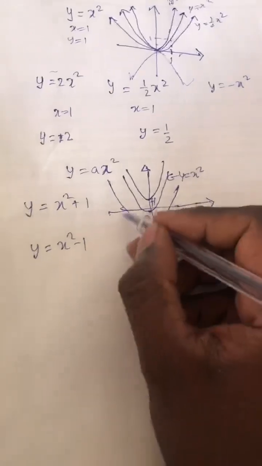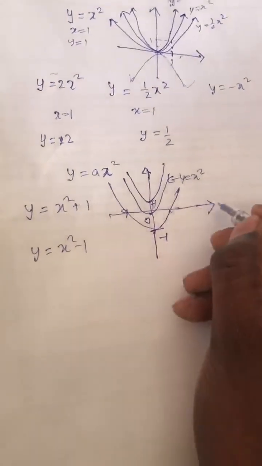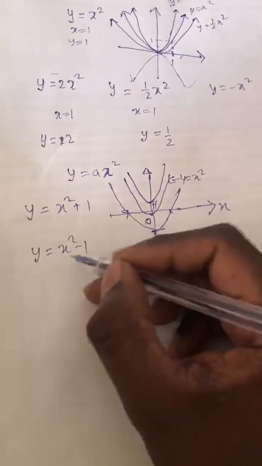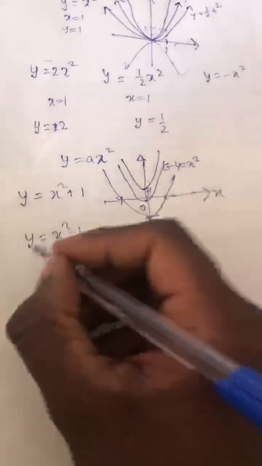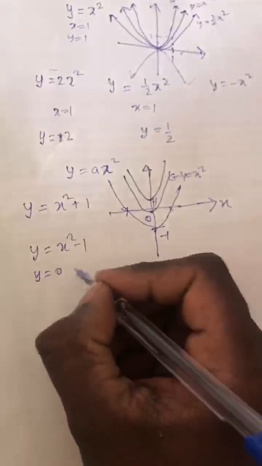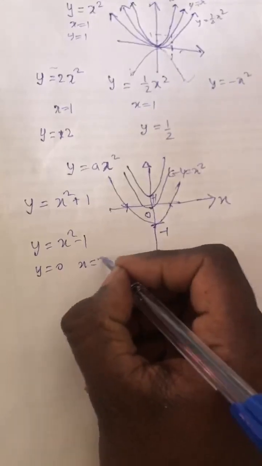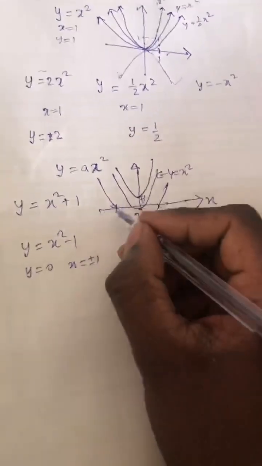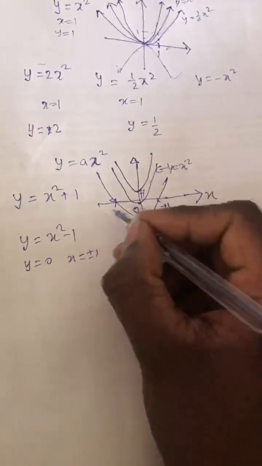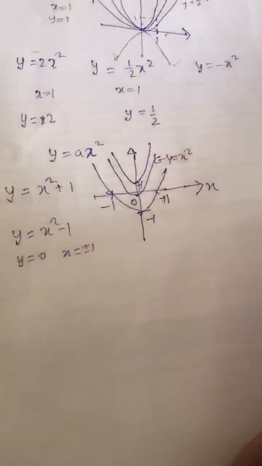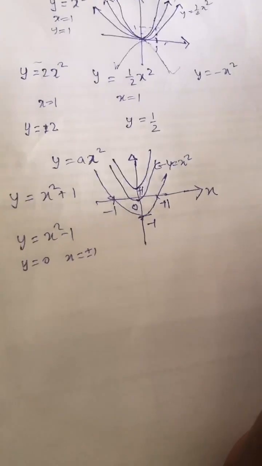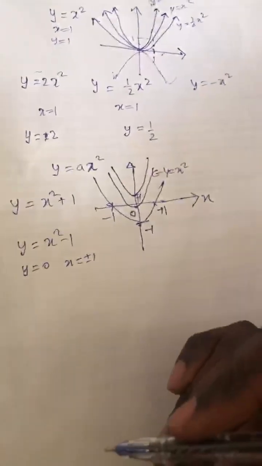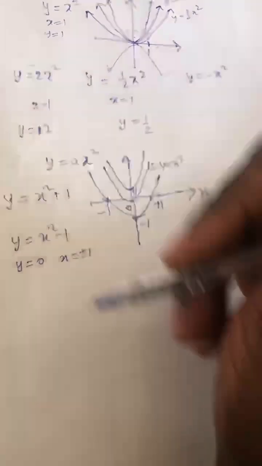So there is an intersection with x. You see that when we substitute y equals 0, x equals plus or minus 1. Therefore, the intersection points will be plus 1 and minus 1. So this is just like a vertical shift.